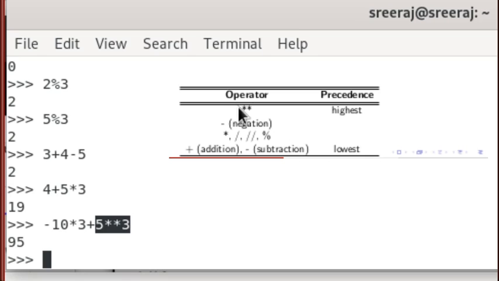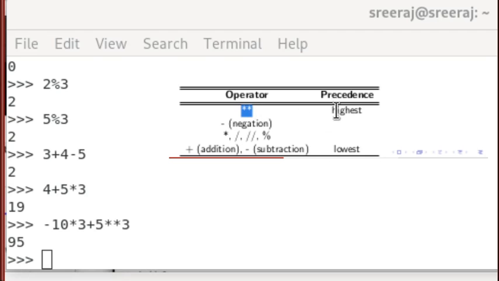Then the negative sign applies to the 10 first, and the negative 10 is multiplied by 3. We got the answer as 30. Finally these values are combined using the addition.